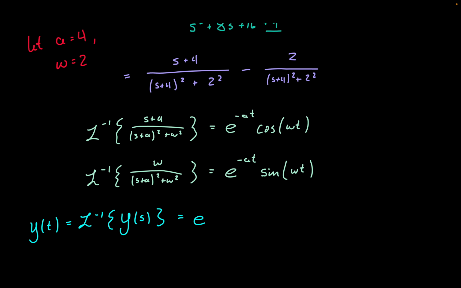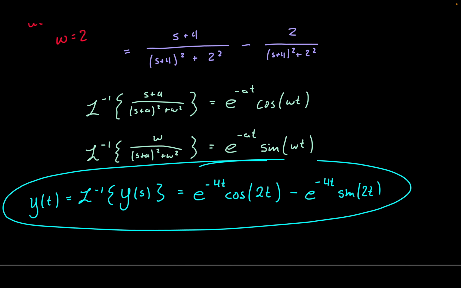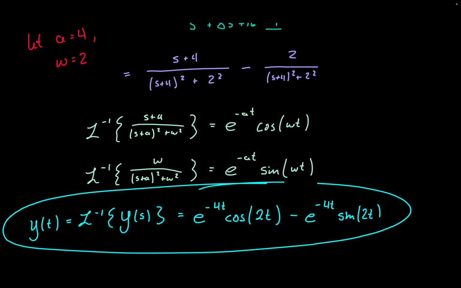So we'll have e to the negative 4t, because a is equal to 4, times cosine of 2t, since omega is 2, and then minus, and for this term, that will correspond to e to the negative a t times sine of omega t. So we'll have e to the negative 4t times sine of 2t. So now you know how to complete the square to solve ODEs using Laplace transforms.